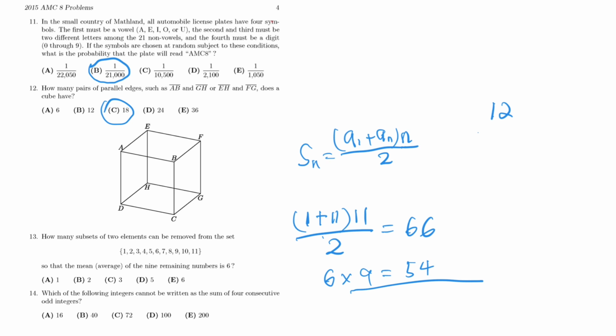That will be 1 and 11, that's 12, 2 and 10, 3 and 9, 4 and 8, 5 and 7. The 6 has no pair. So the total is 1, 2, 3, 4, 5 subsets of 2 elements that can be removed. So the answer is D.